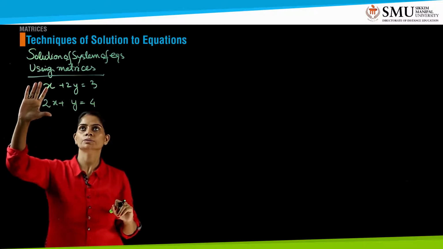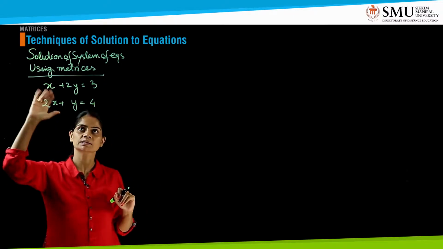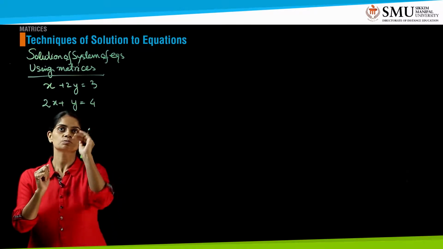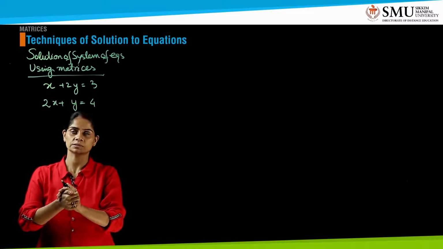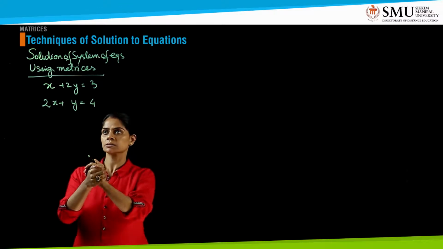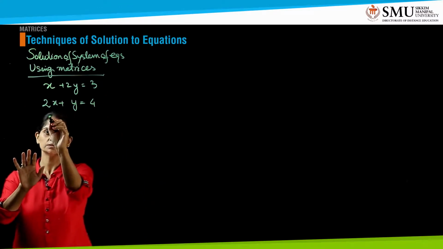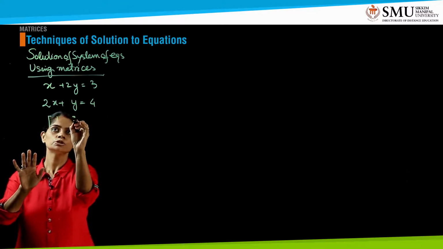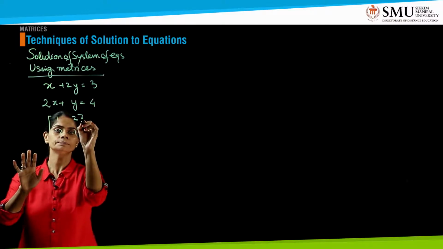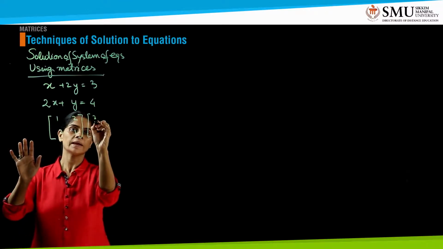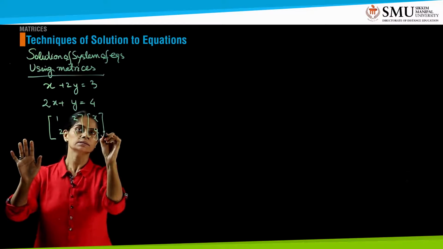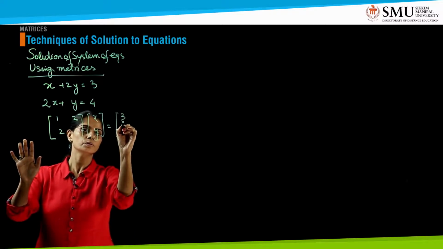Here we are going to introduce the method of matrices to solve such a system of equations. If we write these equations in terms of matrices, it takes the form [1, 2; 2, 1] into [x; y] is equal to [3; 4].